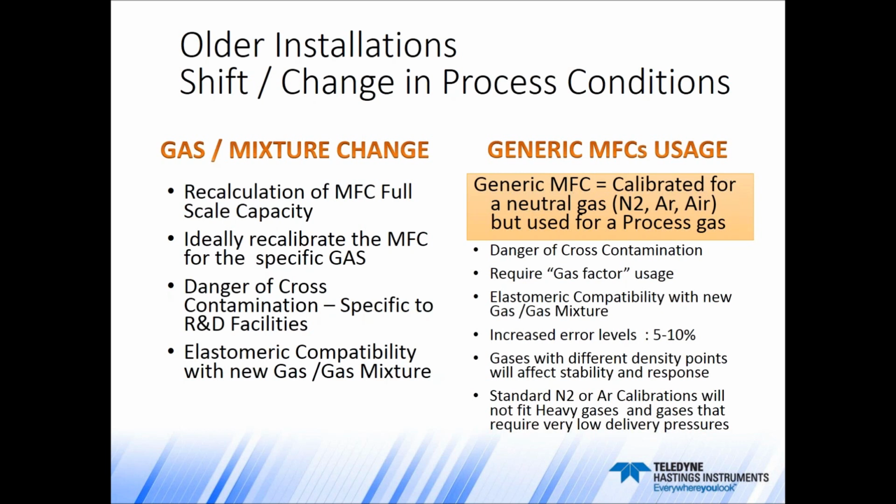So a gas or a gas mixture change normally should point into a recalculation of the MFC full scale capacity, making sure that the MFC will be able to control with the new gas as well as with the older gas that was calibrated for. We ideally recommend those MFCs in this situation to be recalibrated for that specific gas or gas mixture that's going to be used in the process.